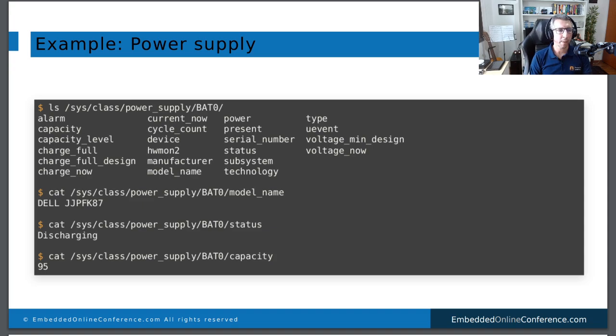You can see there is a battery there. I can read the model of the battery. I can see the stats of the battery, if it's charging or discharging. I can see the current capacity, in this case, 95%. So I can really monitor the state of the battery and take any decision in the system, right? If needed. For example, safely turn down the device if the battery is very low.